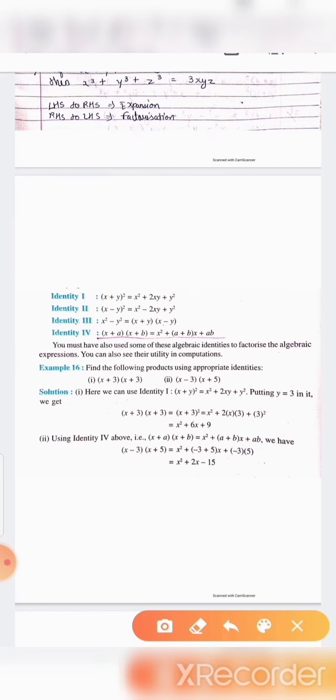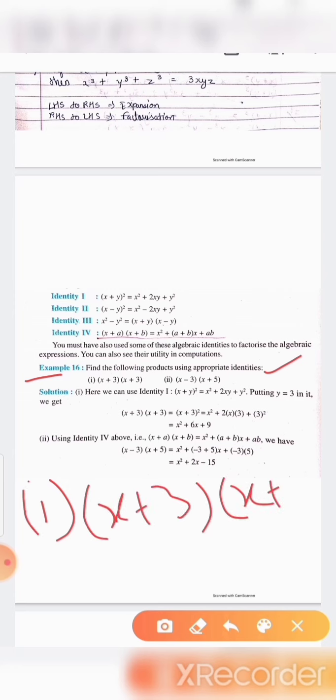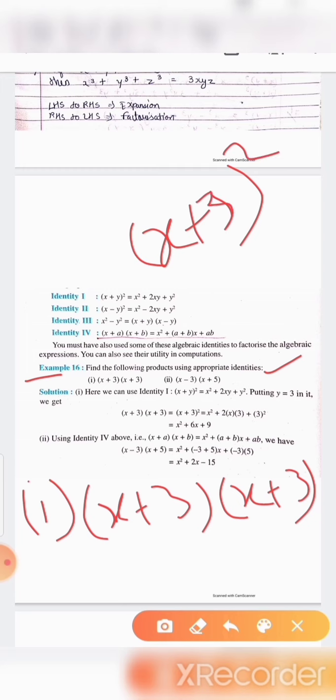Our example number 16, find the following product using an appropriate identity. Here the first question is (x plus 3) and another (x plus 3), meaning x plus 3 multiplied by x plus 3, which means (x plus 3) whole square. When we multiply the same number two times, it becomes the square of the number.